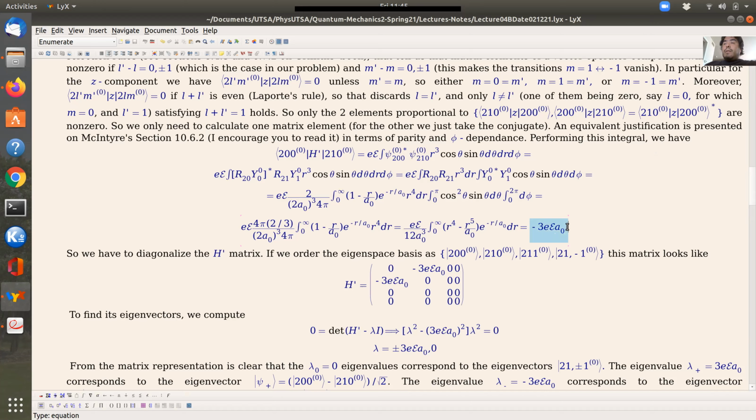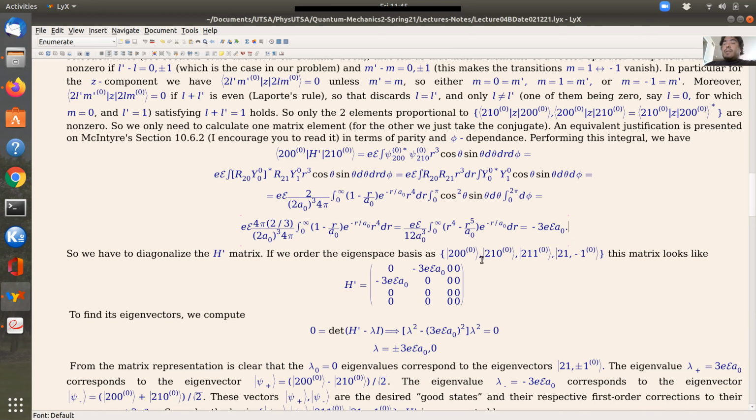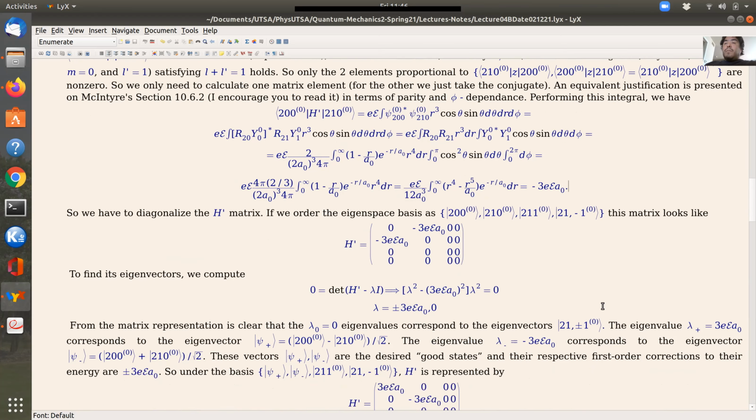Actually, this is a real number, so the conjugate is itself. That's why you have in the off-diagonal terms this element, minus 3 e capital E a naught, and 0 over here. And for the others, all the elements are 0. So again, keep in mind the order of the basis, but these are the only non-zero elements of the Hamiltonian perturbation matrix using this basis representation.